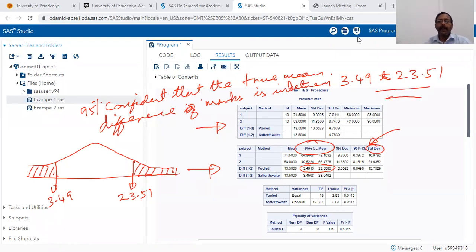So the mean difference of these two subjects, subject 1 and 2, is ranging between these two marks. Right?